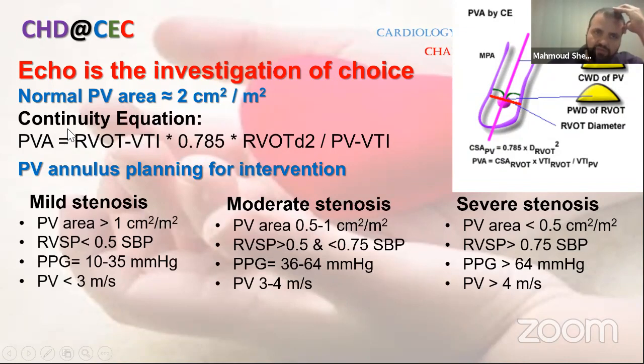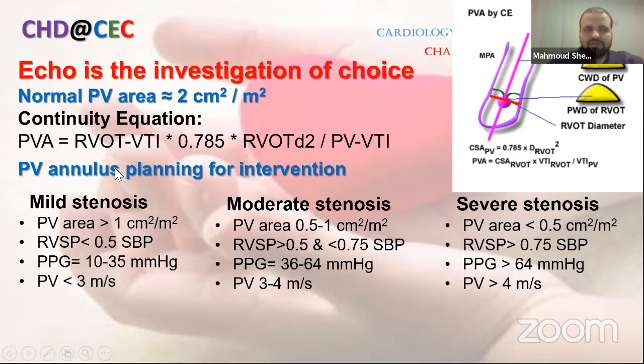According to the continuity equation, pulmonary valve area is calculated by multiplying the RVOT VTI using pulsed wave Doppler by 0.785 by the RVOT diameter, and all this is divided by the pulmonary valve VTI using continuous wave.